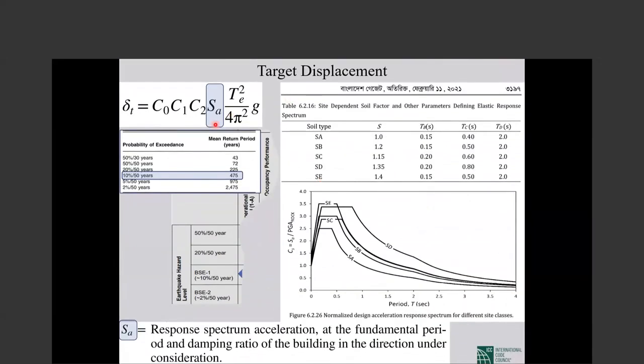First, Sa, response spectrum acceleration. The effect of earthquake. So it's an input for us. It's not an important issue for us to calculate. They should provide us. Or they say you yourself go and calculate that based on the site-specific hazard analysis.